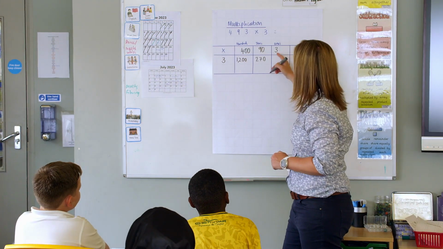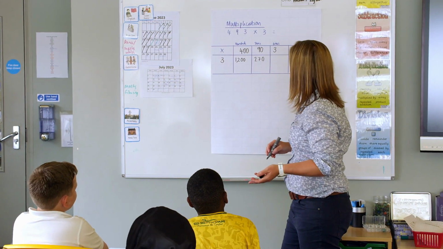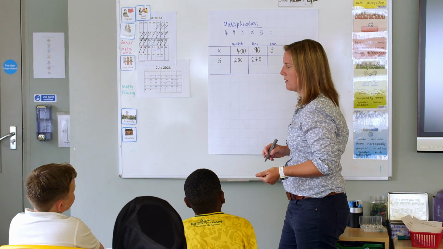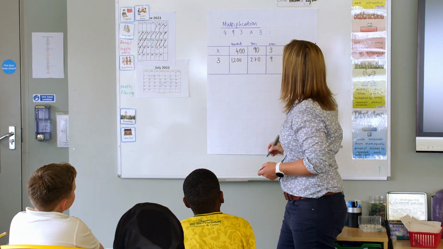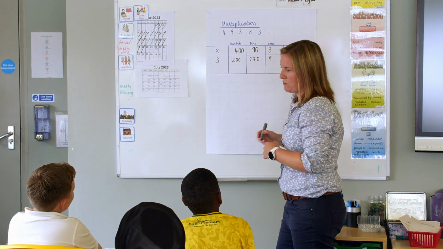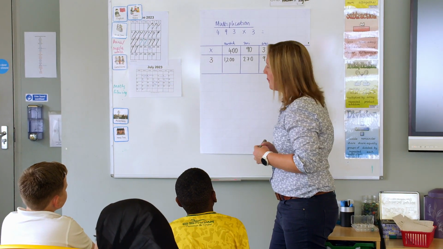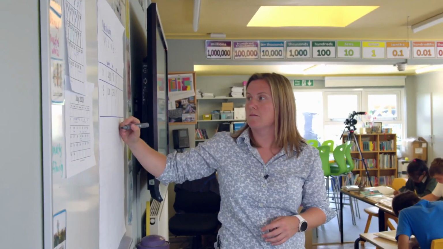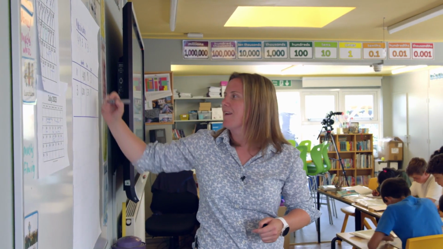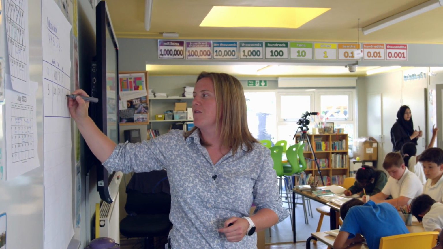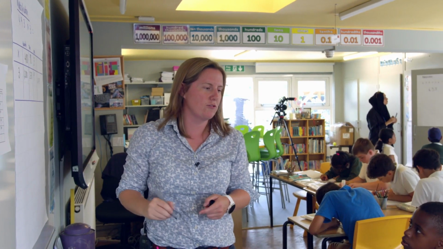Yeah. And then this one is, well done, on it. Then what we have to do is to add up all of those totals. Is this coming back to you? You remembering it? So we've done it in your head already. Amazing. So total 1,479. If you can't do it in your head, what could you have done?